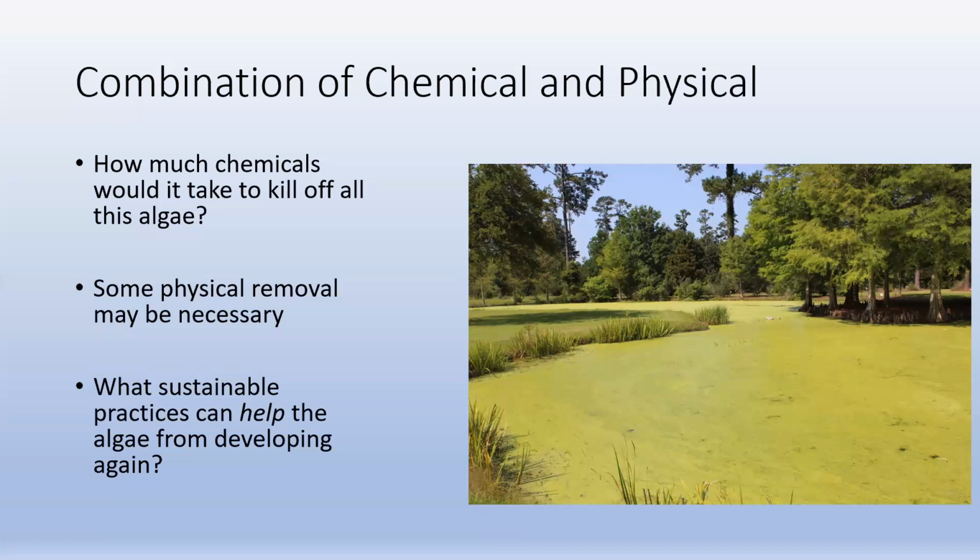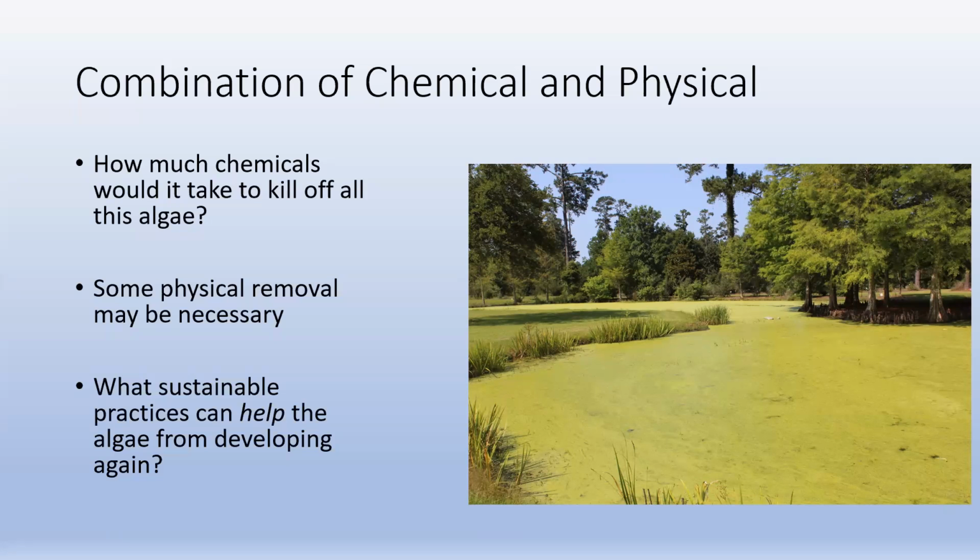In all reality, when you're looking at addressing this issue of a eutrophied water body with all this algae, you've got to be real and recognize it's probably going to take a combination of chemical and physical methods, right? So if you look at this image there, how many chemicals would it take to kill off all this algae?